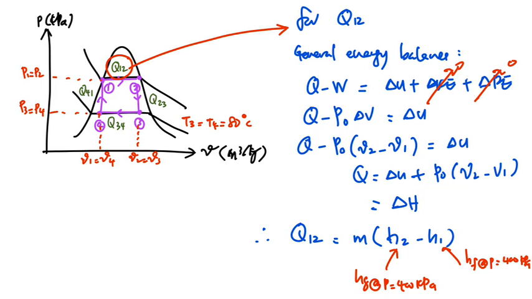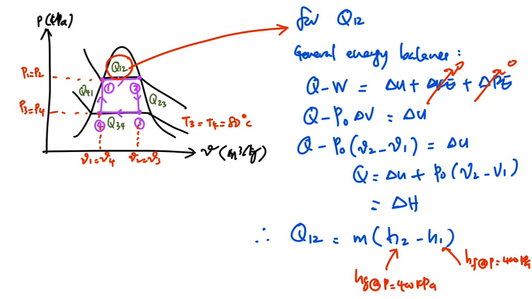So expanding the P naught delta V, we have Q minus P naught multiplied by the specific volume of state 2 minus the specific volume of state 1 equal to delta U. And rearranging the equation, we have Q equal to delta U plus PV.